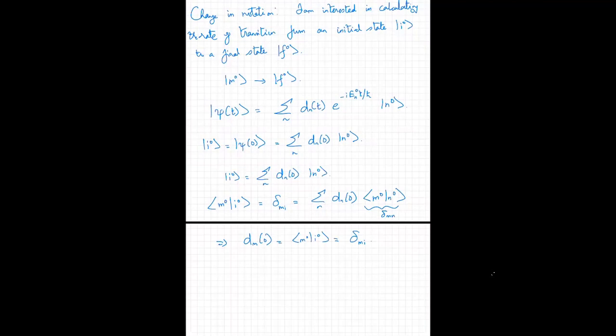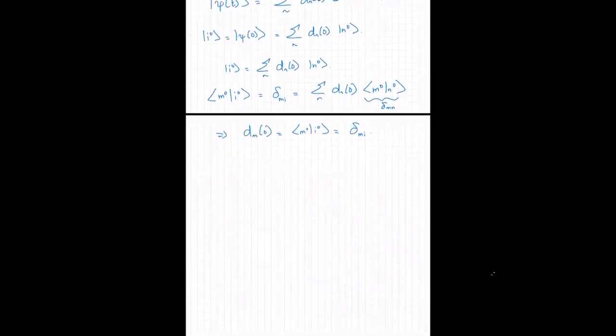Okay. So now I need to set up this equation as a perturbation theory and calculate it term by term. So I will write this equation again, df dot of t, because I'm calling m as the final state.